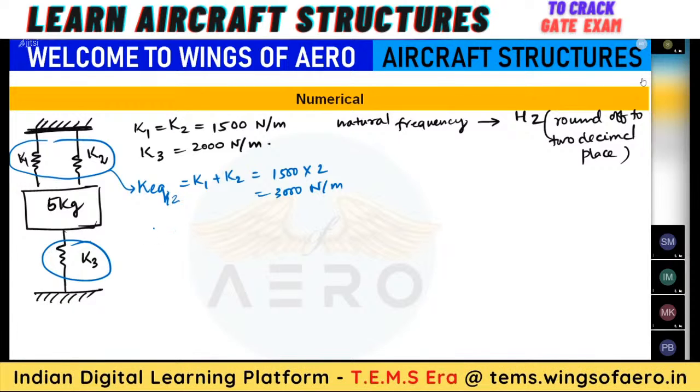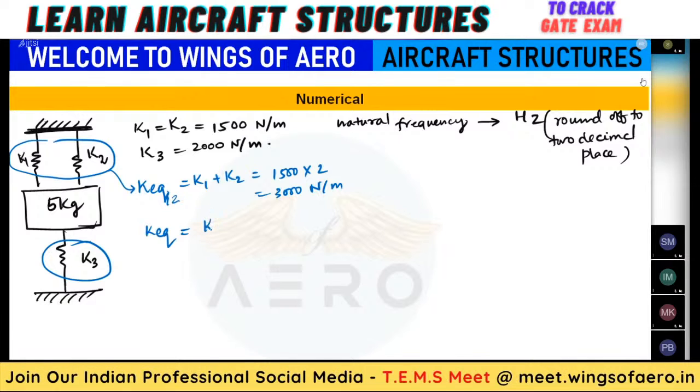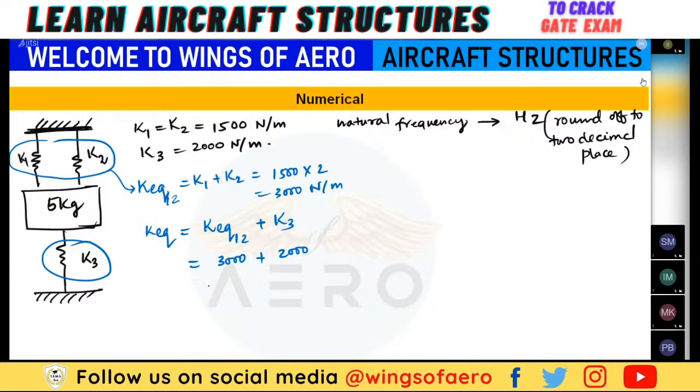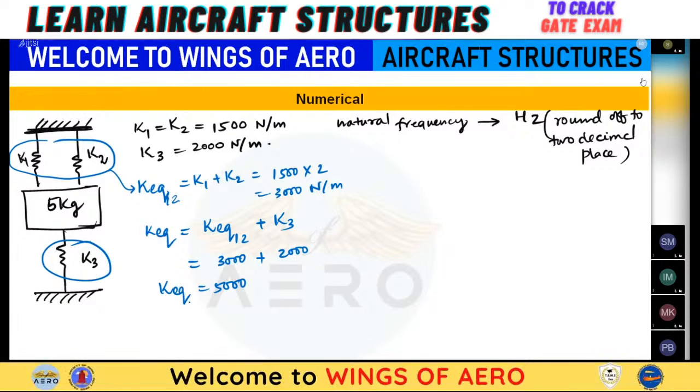Okay. So what I'm going to do is find out the final equilibrium. So K equilibrium of 1, 2 plus K3. What will I get? 3000 plus K3, which is 2000. I get 5000. That is my final K equilibrium, in Newton per meter.